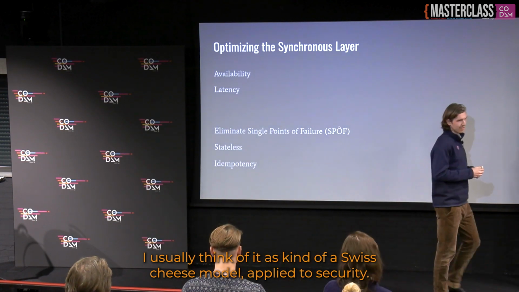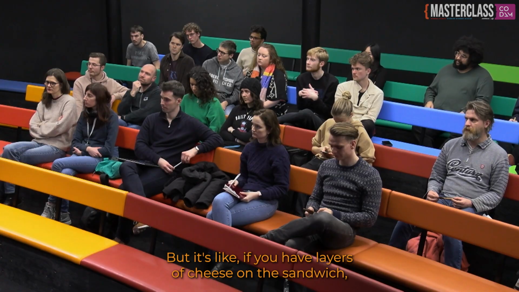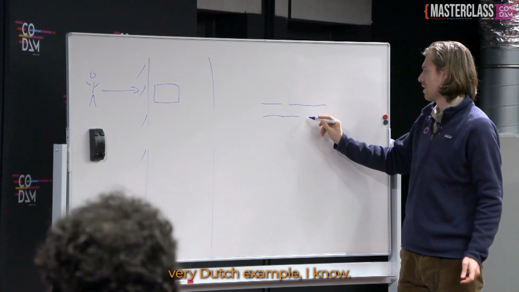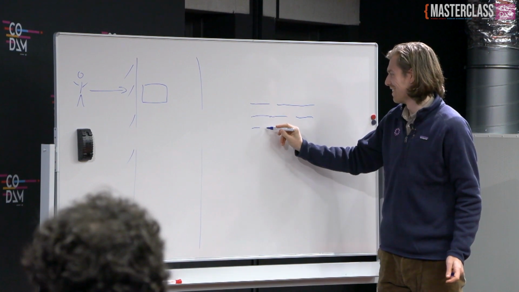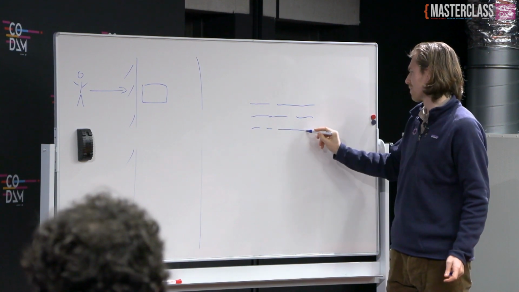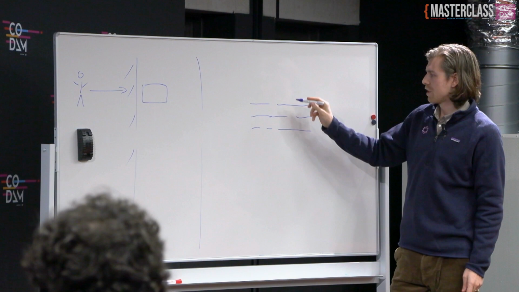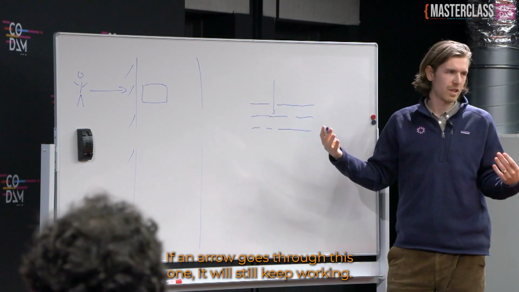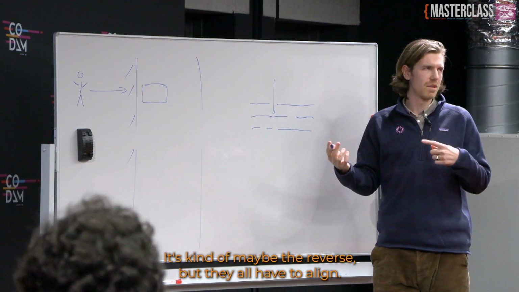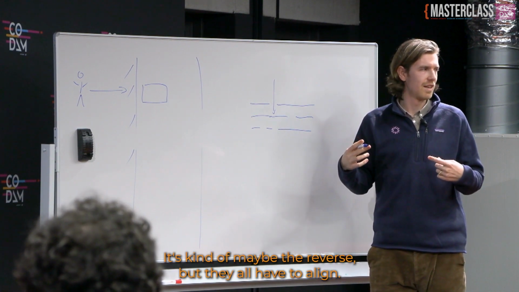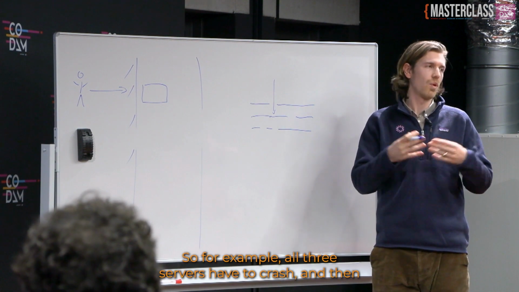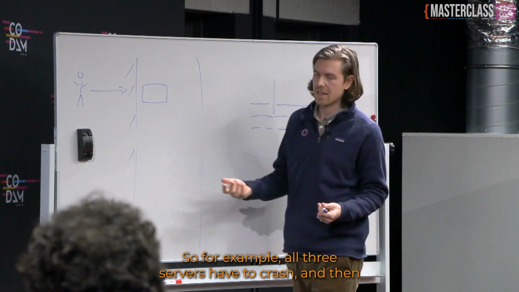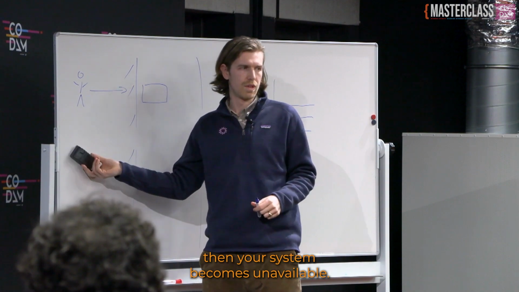It's applied to security, but it's like if you have layers of cheese on a sandwich, very Dutch example, I know. If an error goes through this one, it will still keep working, right? It's kind of maybe the reverse, but they all have to align. So, for example, all three services have to crash, and then your system becomes unavailable.